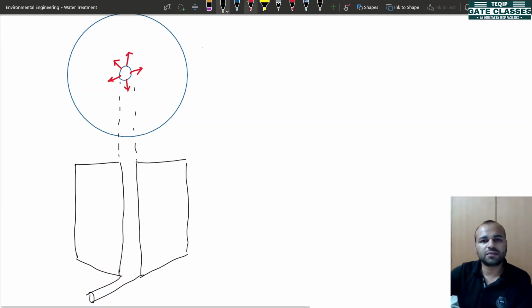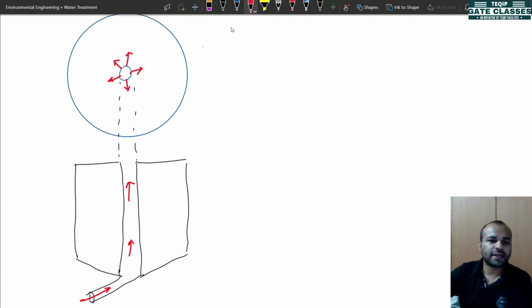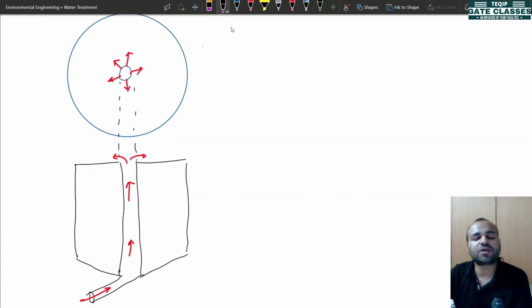So from here, the water is pumped in and it finally reaches the top surface and starts flowing in the 360 direction. Now, as the water moves radially outwards, the velocity of flow reduces.